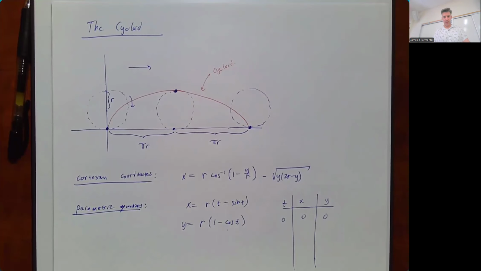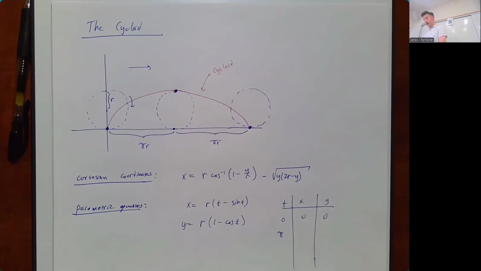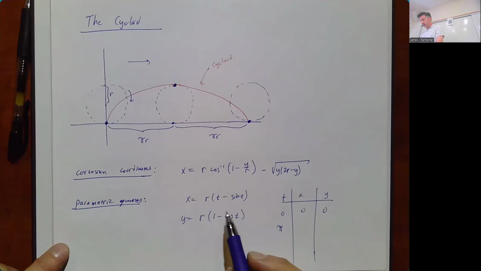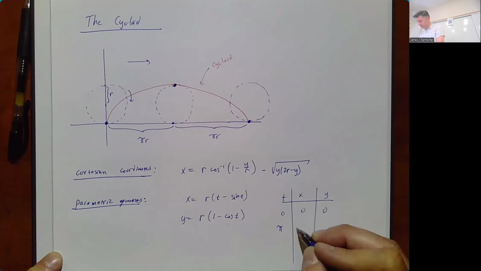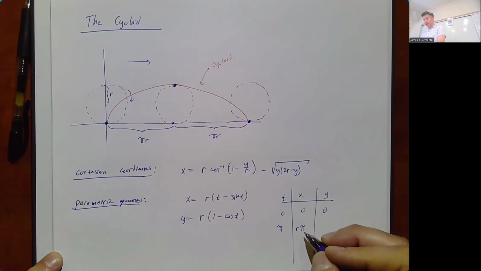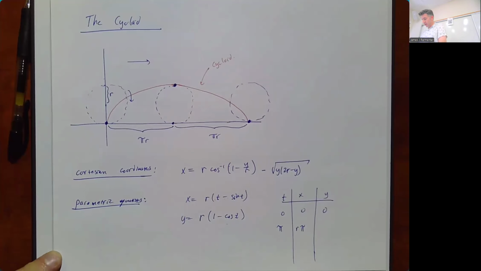There we go. Okay. If we go to, say, an angle of pi, meaning we've gone through half a revolution, now my x value is going to be r times pi minus sine of pi. Sine of pi is 0, so you get r times pi, which isn't surprising because look, the x coordinate here is r times pi.